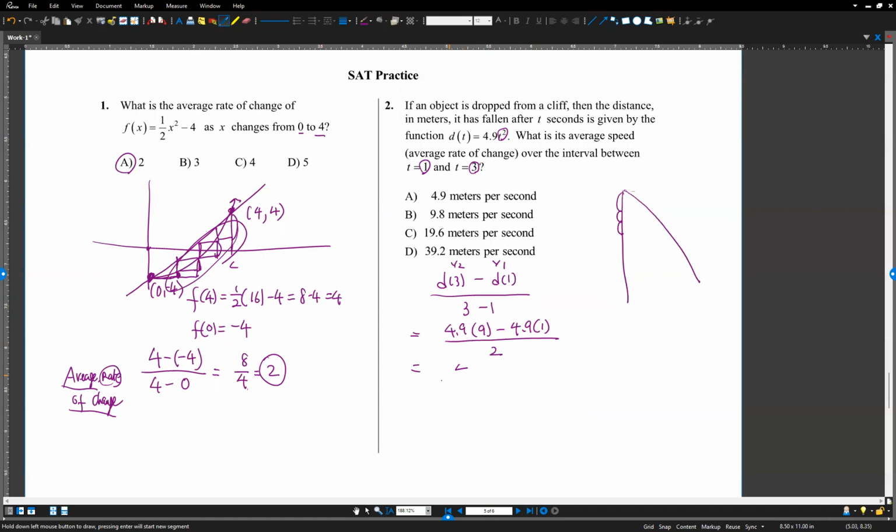You can use your calculator. Let me check. 4.9 times 9 minus 4.9 times 1, divided by 2, that is 19.6 is the answer, okay?